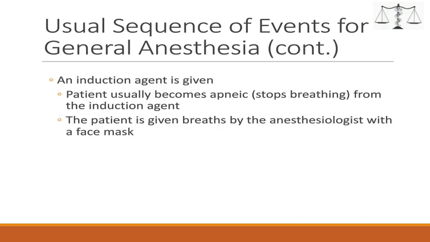When patients become unconscious, they are not able to cough up anything that gets into the trachea like we normally would, and it would just run down into the lungs and could potentially cause a great deal of damage.